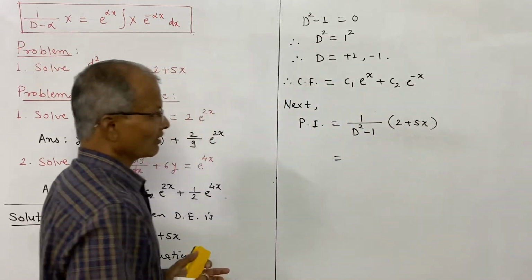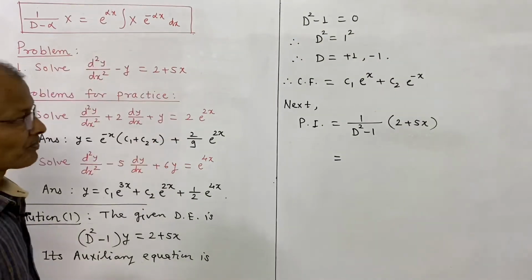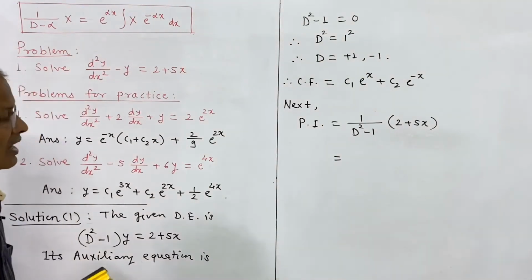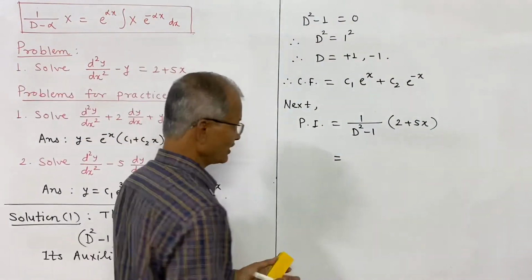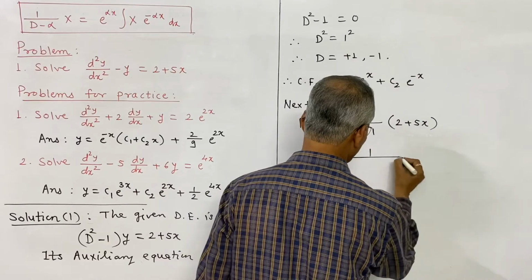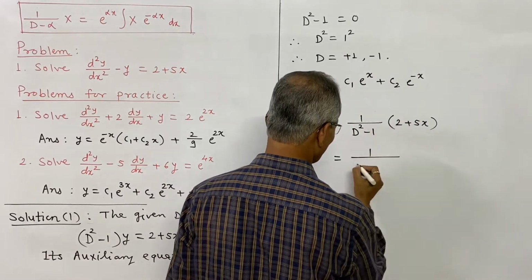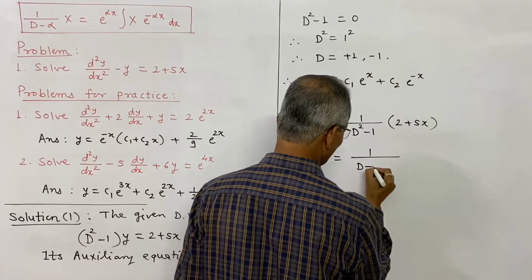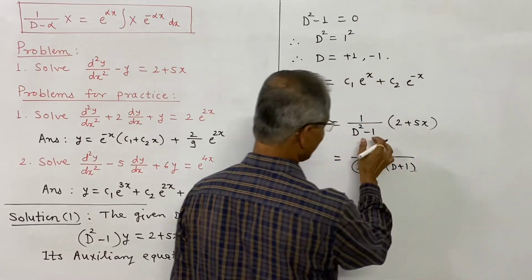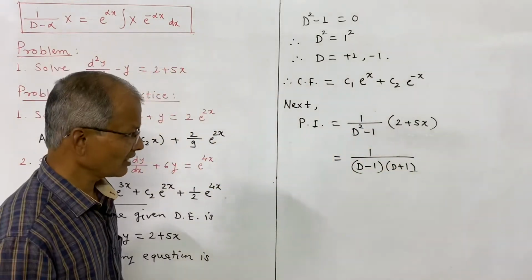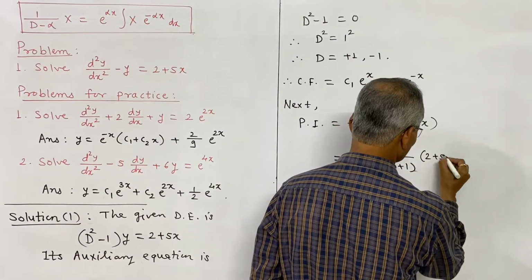So we are going to use this result for obtaining PI. That is the general formula we want to use, and we have seen earlier two methods. This can be factored into linear factors: D square minus 1, that is 1 square, so the factors are D minus 1 and D plus 1, operated on 2 plus 5x.